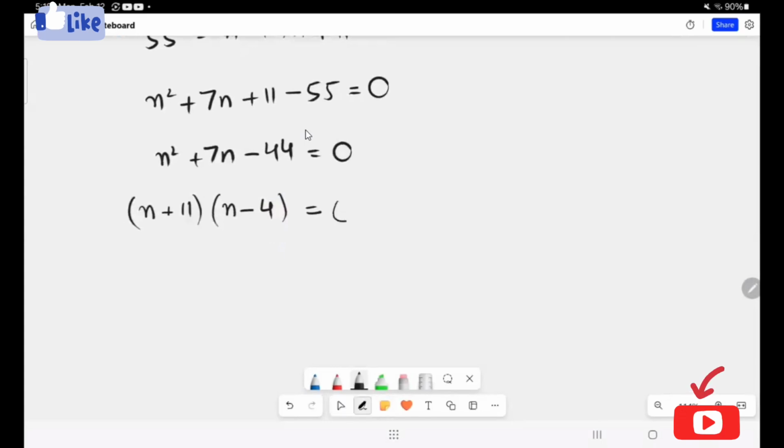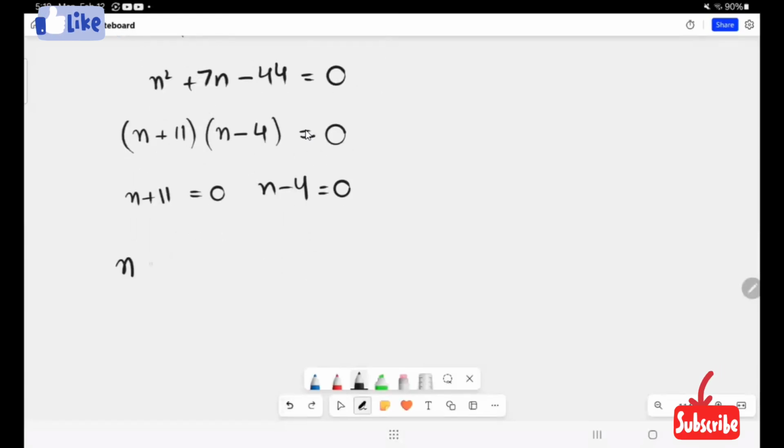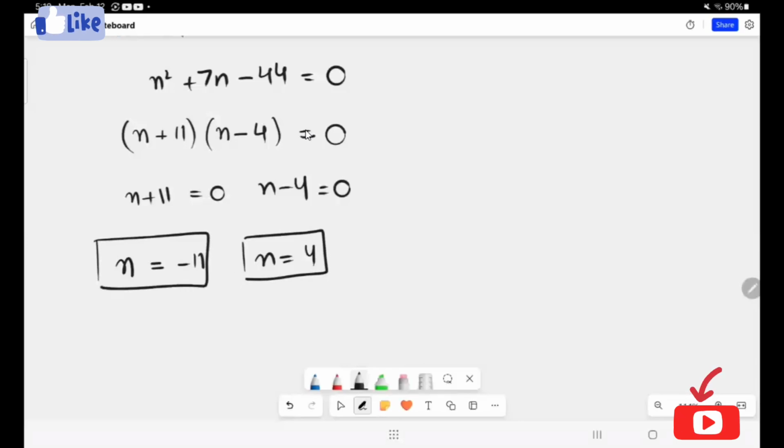Since the product is 0, we get n plus 11 equal to 0 and n minus 4 equal to 0. Solving this, n equals minus 11 and n equals 4. We cannot take this negative integer because we cannot find the factorial of negative numbers. So we'll consider n equal to 4.